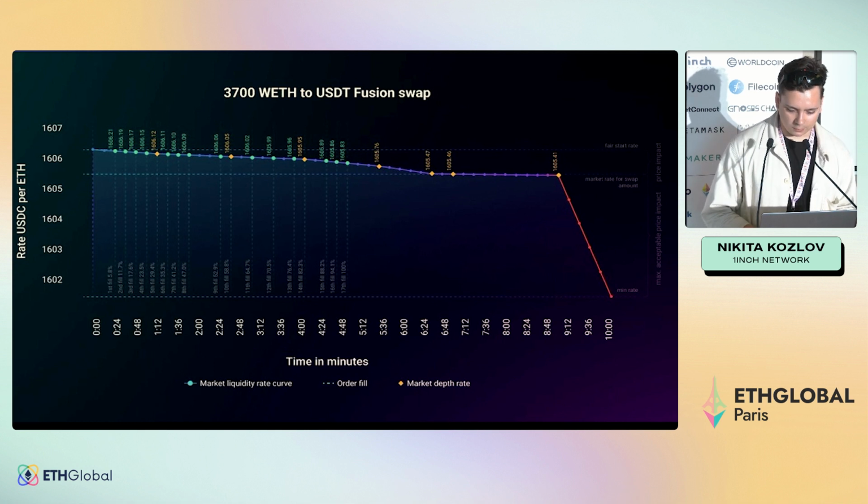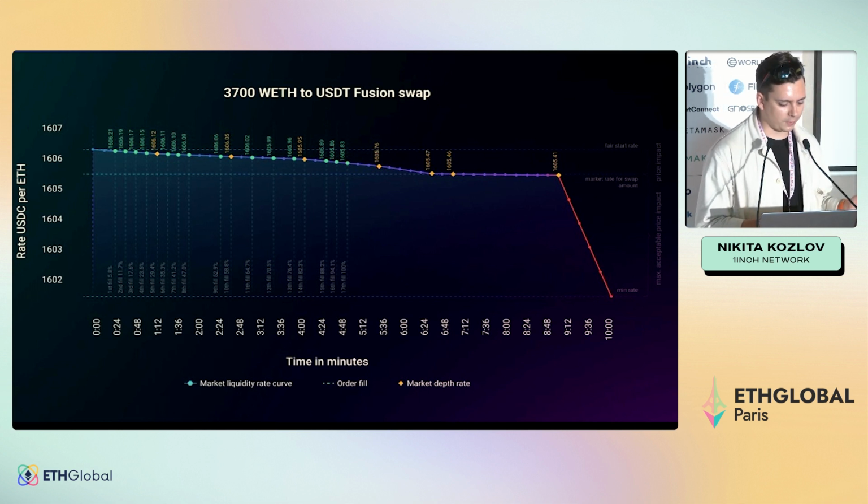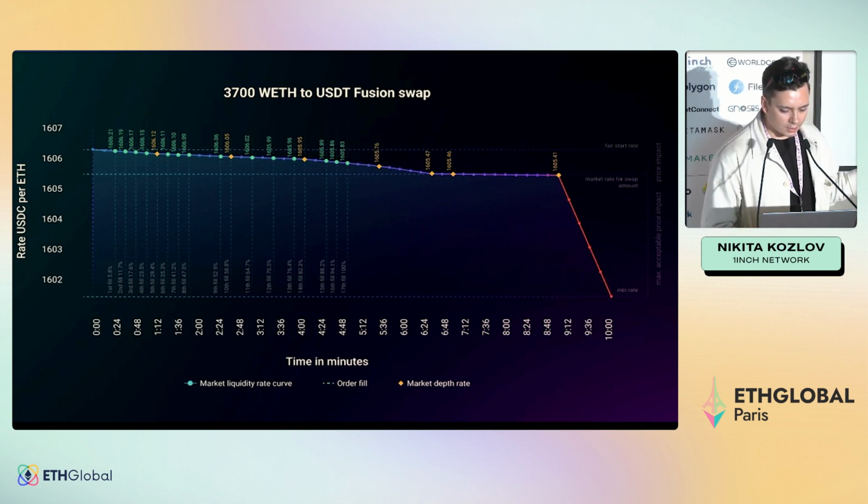Just a small example. This is actually a real-life transaction: 3,000 Ethereum to USDT. It's a Dutch auction, the same as in Uniswap X, where during some time interval the price is going down.